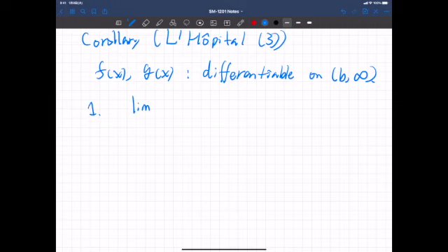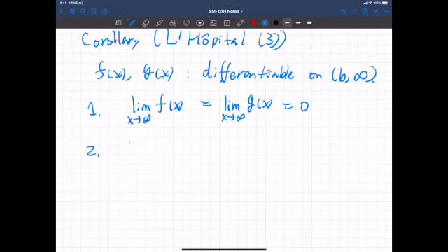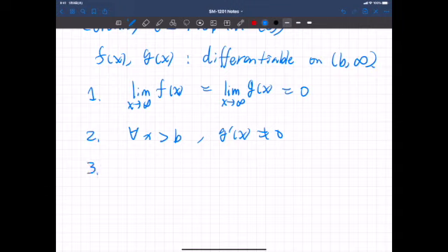In this case, we have limits when x goes to infinity. The limit of f and the limit of g when x goes to infinity are both 0. And 2, for all x greater than b, we have g prime of x non-zero. And 3, this limit, f prime over g prime as x goes to infinity, exists.